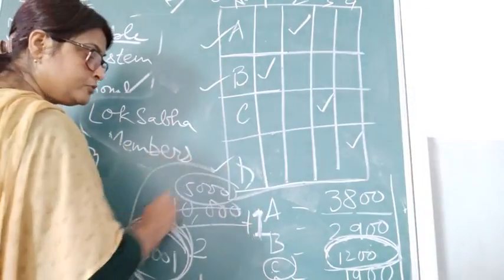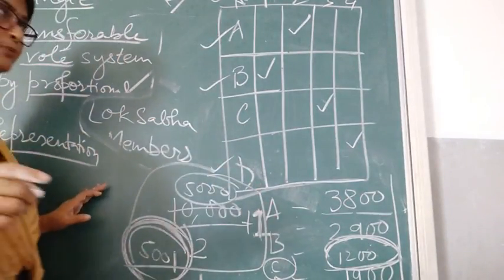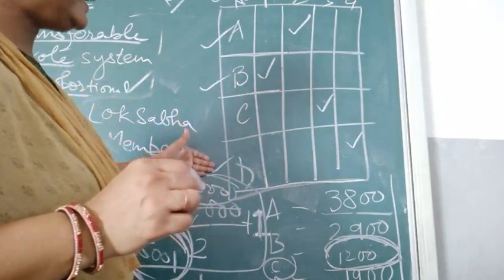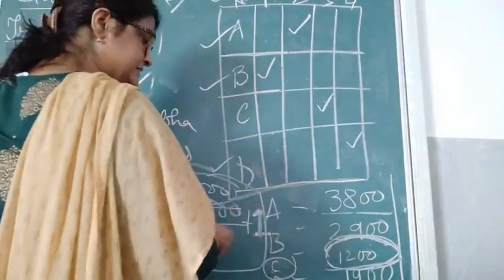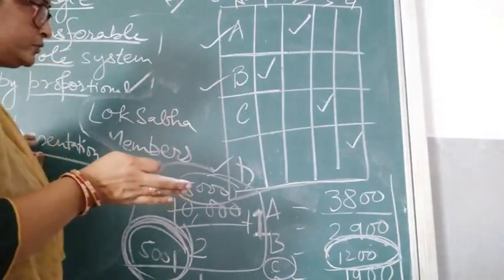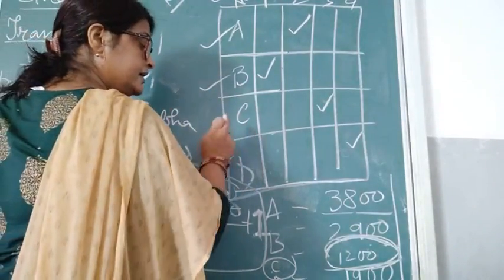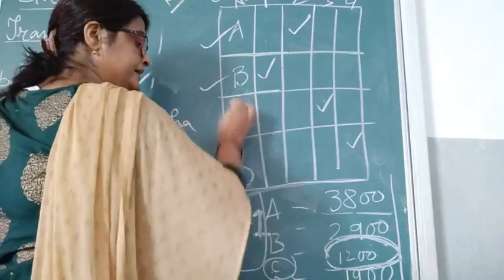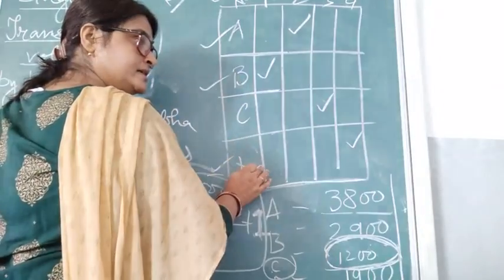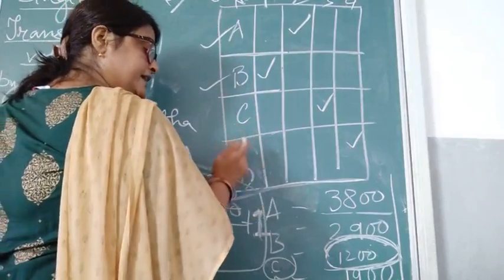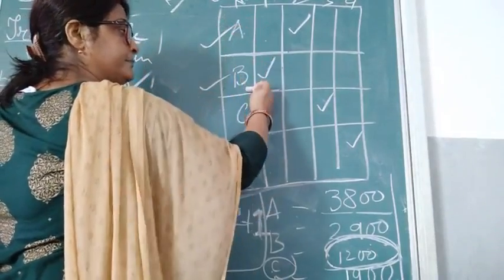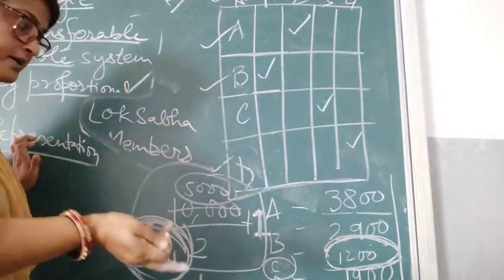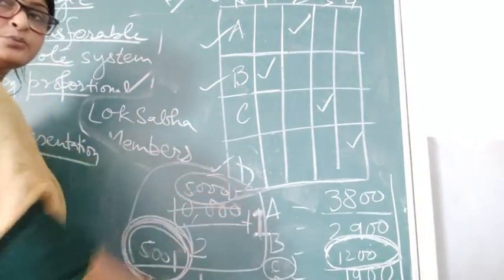This is the formula for quota, which is there in your book. Okay. So again, in A, B and D, again if it happens that one has not got 5,001 votes, then again the one with the least number of votes out of A, B, D will be eliminated, and their votes will be transferred to A and B, and out of these two candidates one will secure quota, that is 50% plus 1.